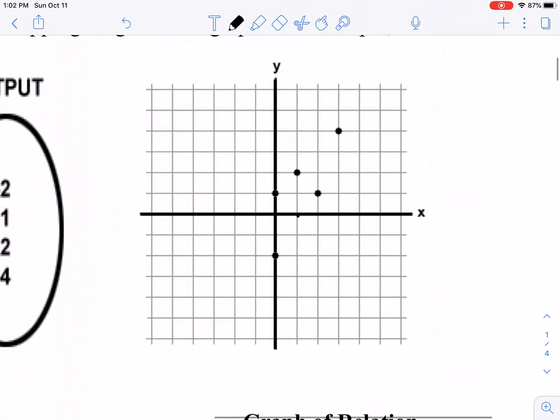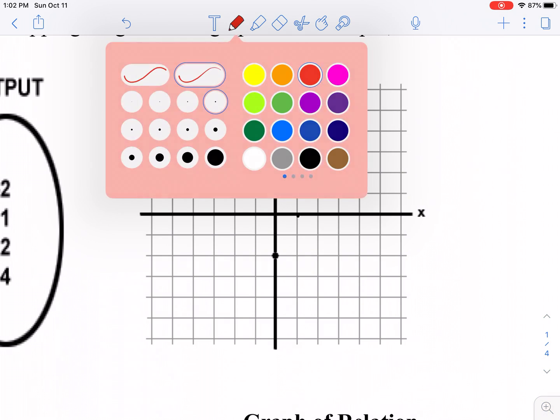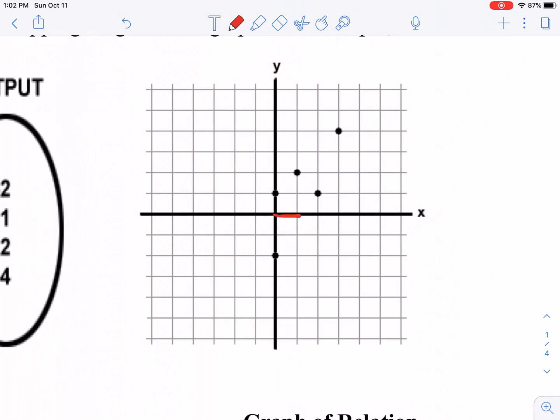For instance, if I look at this guy here, 1, 2 would be 1 over on the X and up 2 on the Y. So this point right there, that would be the point 1, 2, where 1 is our X, 2 is our Y. Okay, so remember, that's how we plot a point.